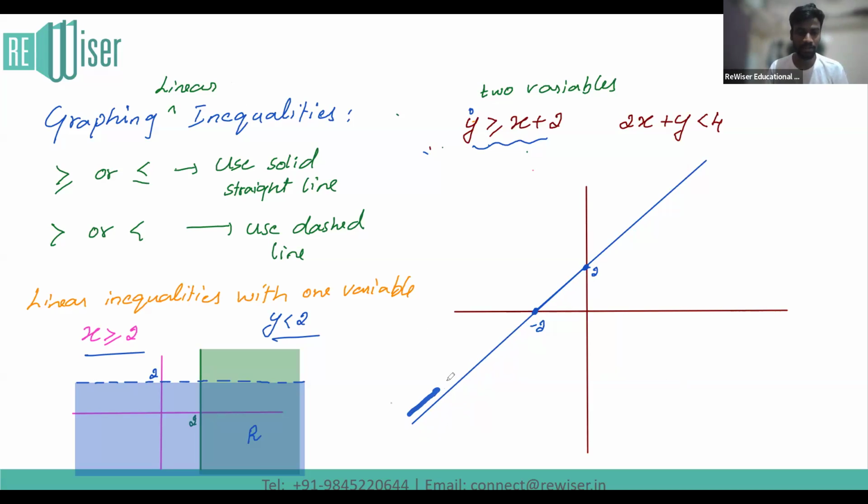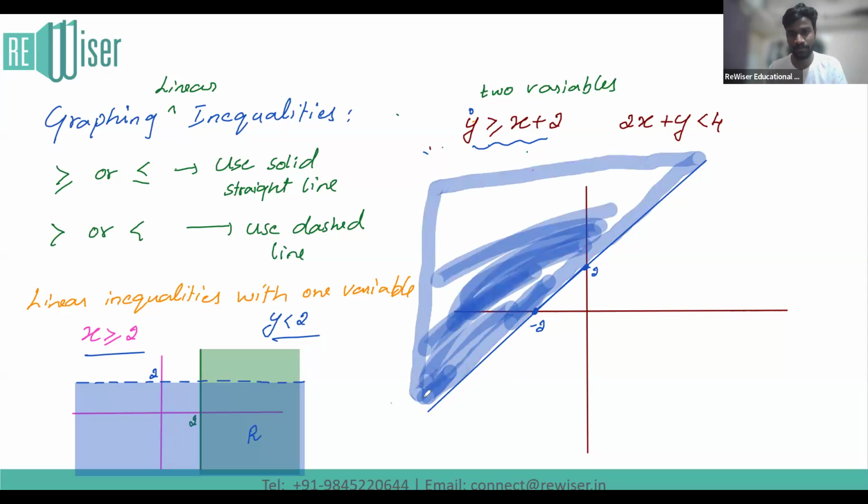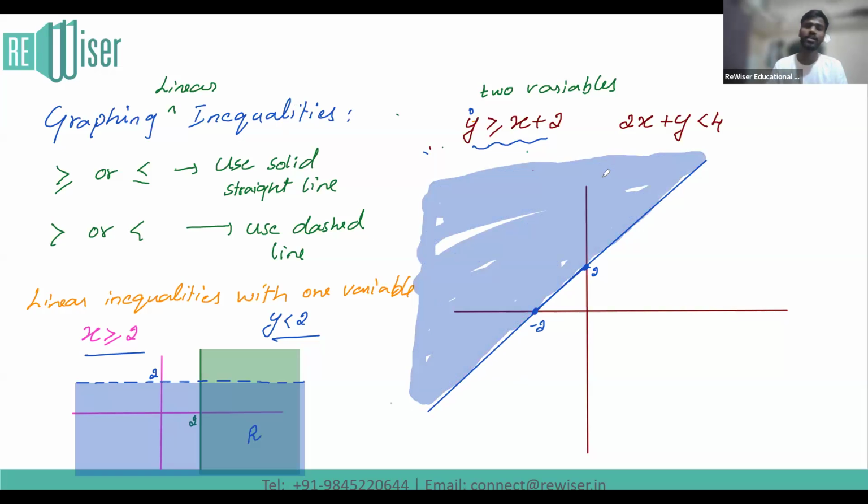So we have to shade the region above this line. That means we have to shade this entire region, something like this.